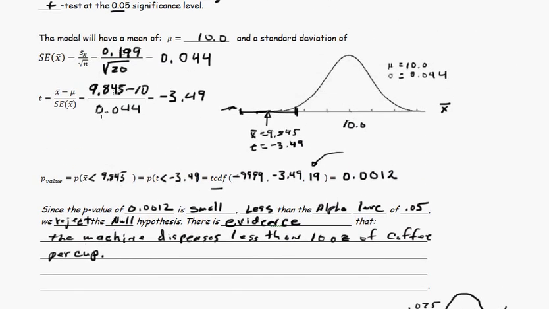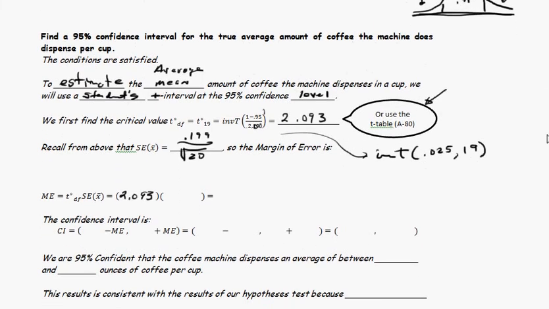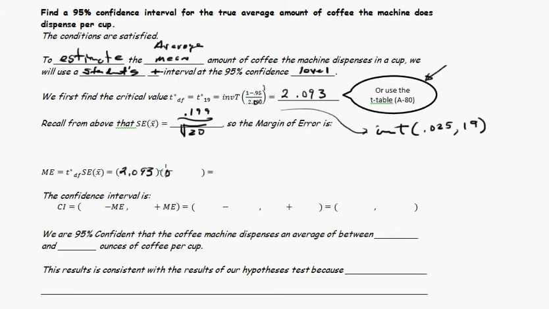Here it is, 0.044. So that comes out to be 2.093 times 0.044.